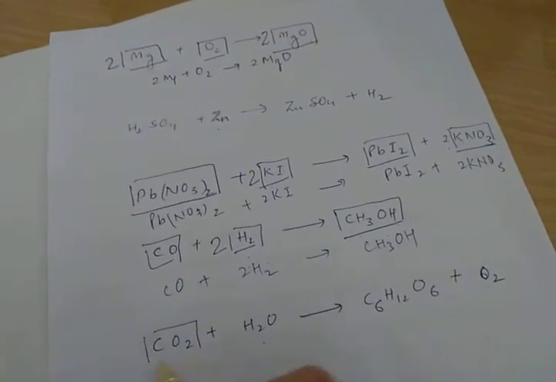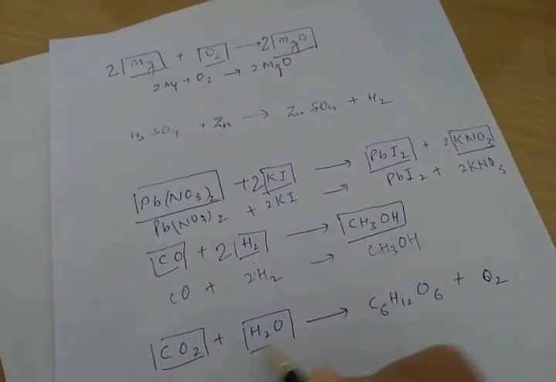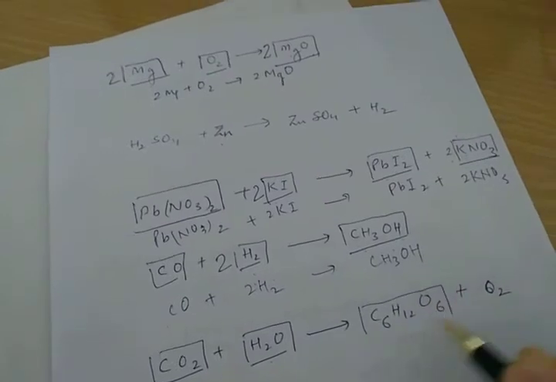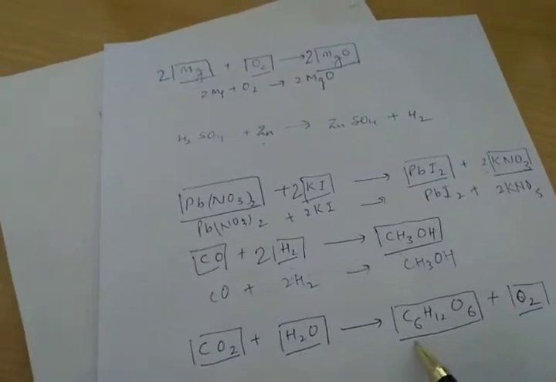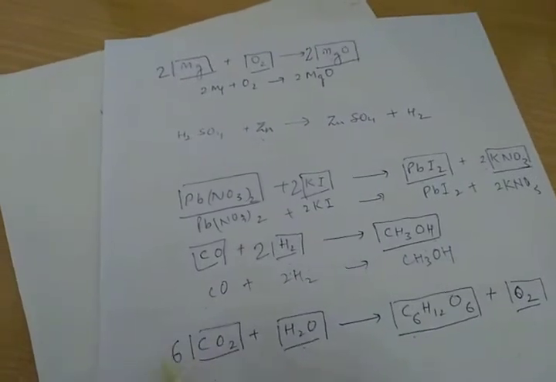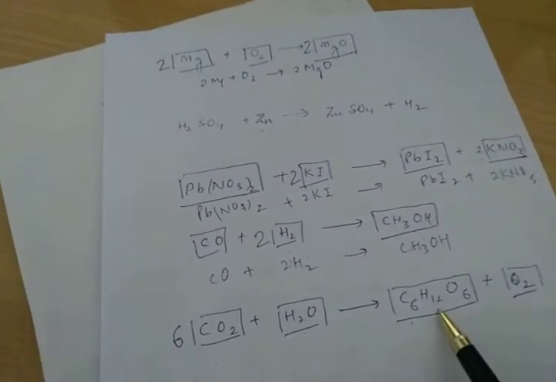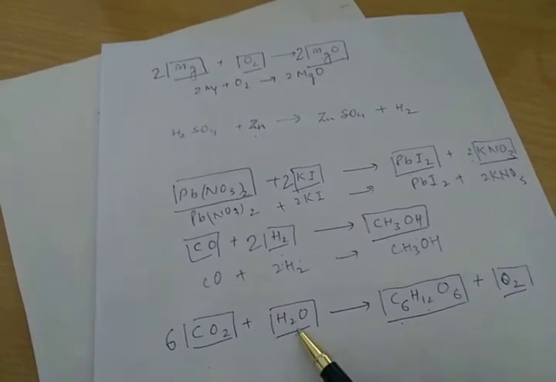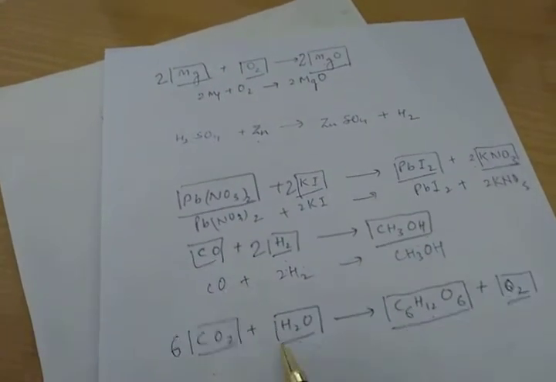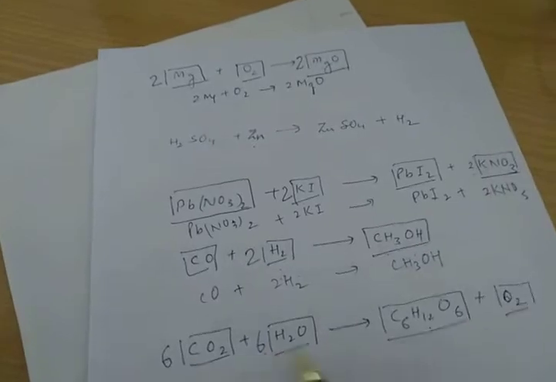Now another skeletal reaction, CO2 plus H2O changes into C6H12O6 plus O2. Encircle all of them. Start with glucose because it has maximum number of atoms. Carbon 6, so this CO2 should be 6. Hydrogen 12, and hydrogen is coming from the water H2O, so this should be 6. 6 2s are 12.